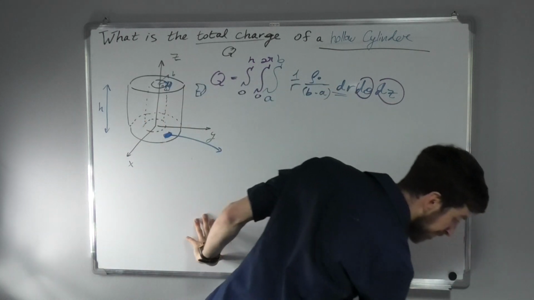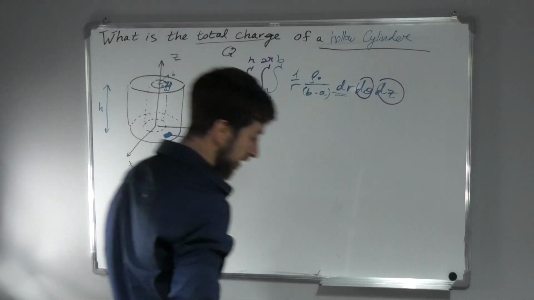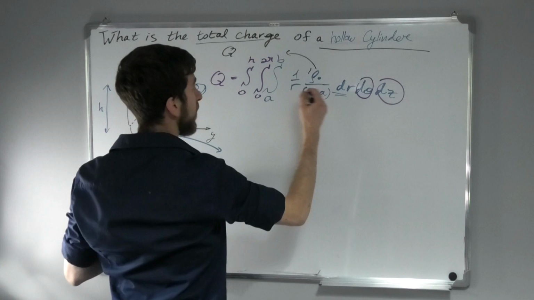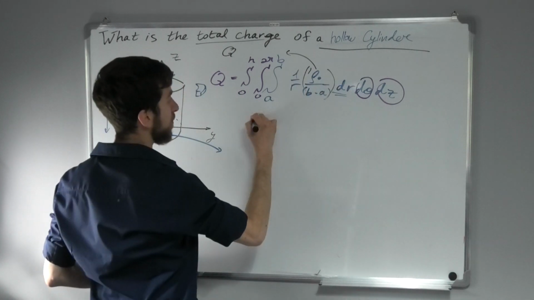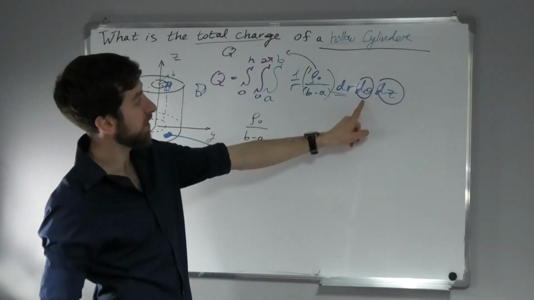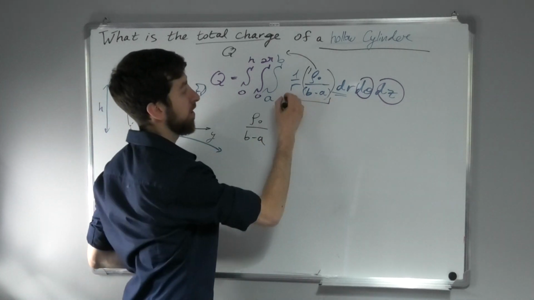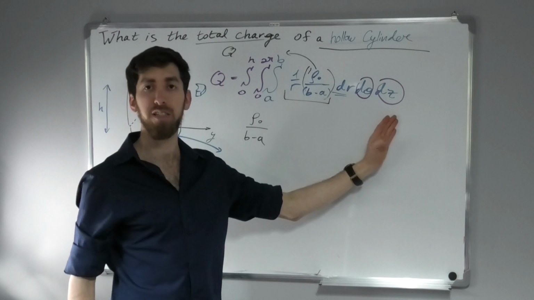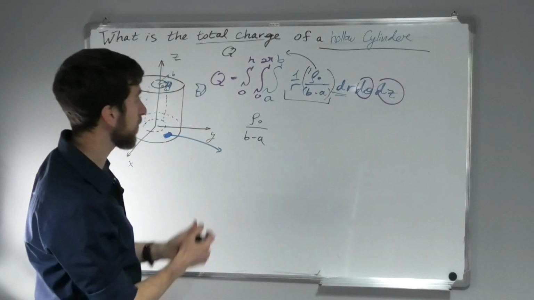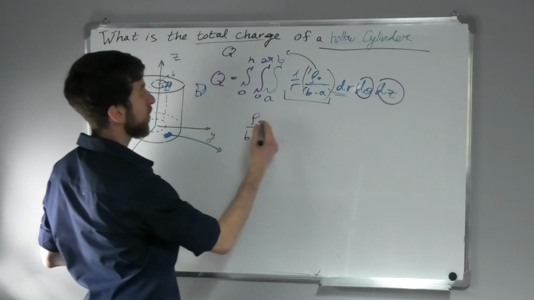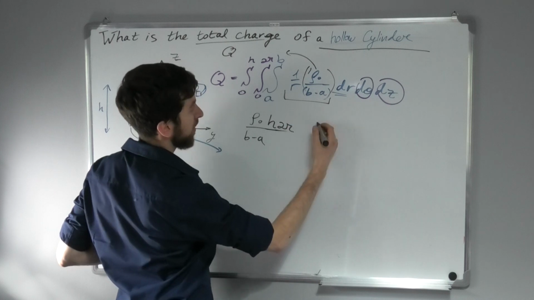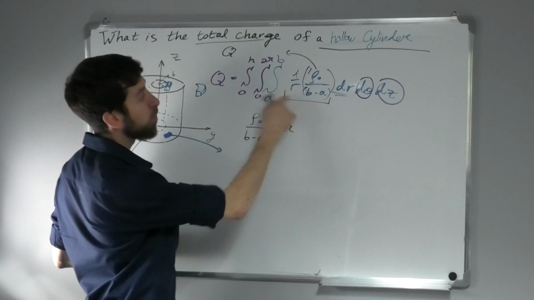Let's find out. So as always, I take all the constants outside, so this can go, all of this. So I have rho b minus a. Also you can see that I don't care here about neither theta and neither z. It can be in other question different, but in this one it's not, so it's an integral on a constant. So I can write just h and 2 pi, nothing changed, and I have integral of 1 over r.